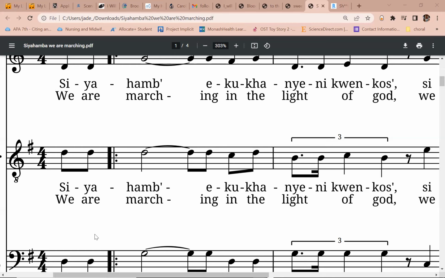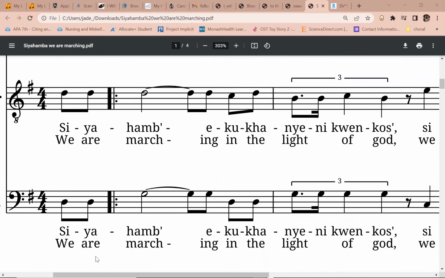We are marching in the light of God. So marching is the same, and then we have a step down, step back up, and then a drop, like a skip. 3, 2, 1, 2, 1. We are marching in the light of God.